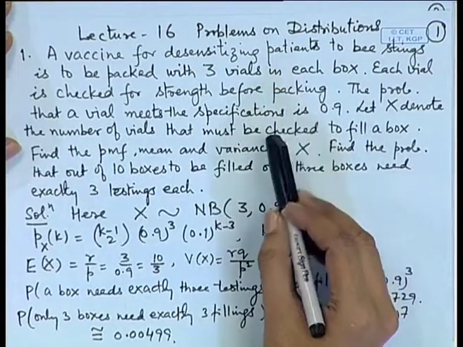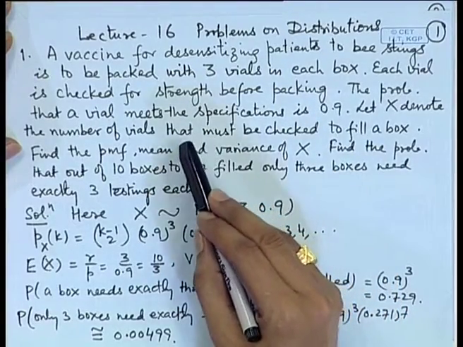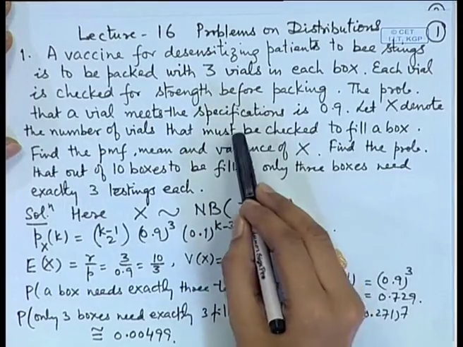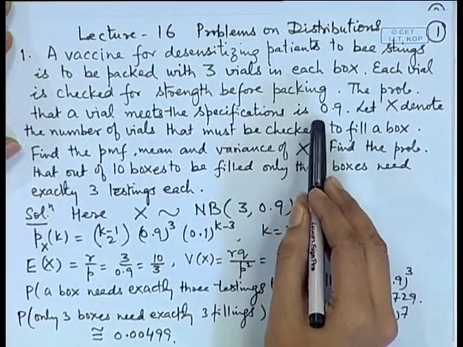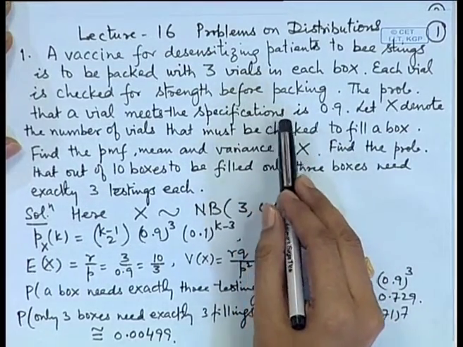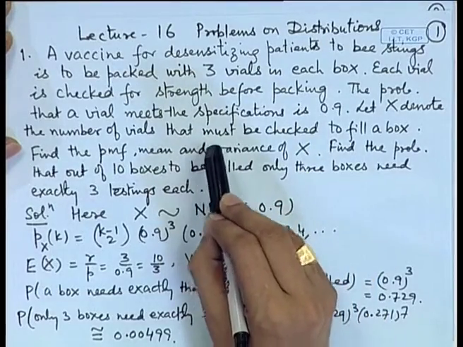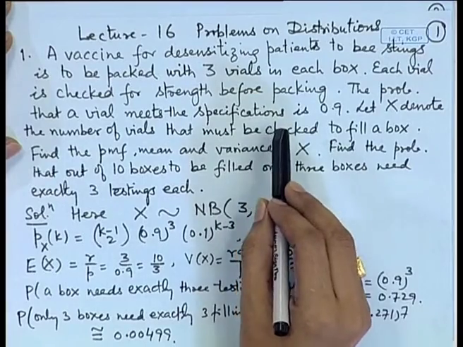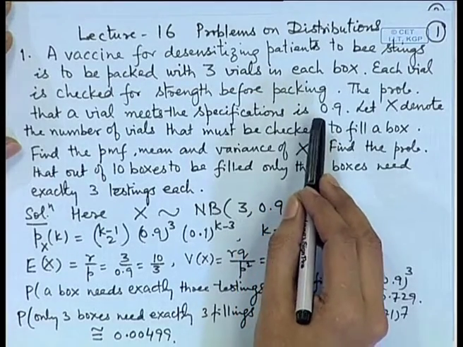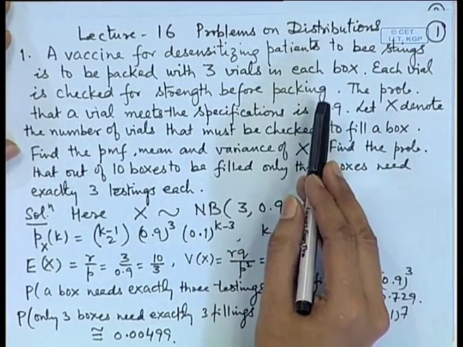Under these assumptions, a vial meeting the specification or not becomes a Bernoullian trial. So, this is a sequence of Bernoullian trials. Now, we keep on checking till 3 vials meet the specification and then we pack them in a box.